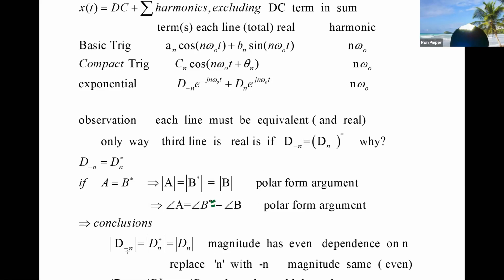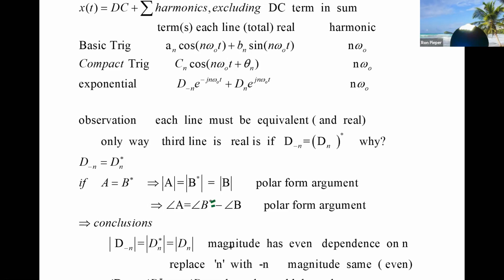And therefore, if they're the same, we would say that the magnitude of D to the minus n is the magnitude of Dn complex conjugate, which we could just say is equal to the magnitude of Dn.